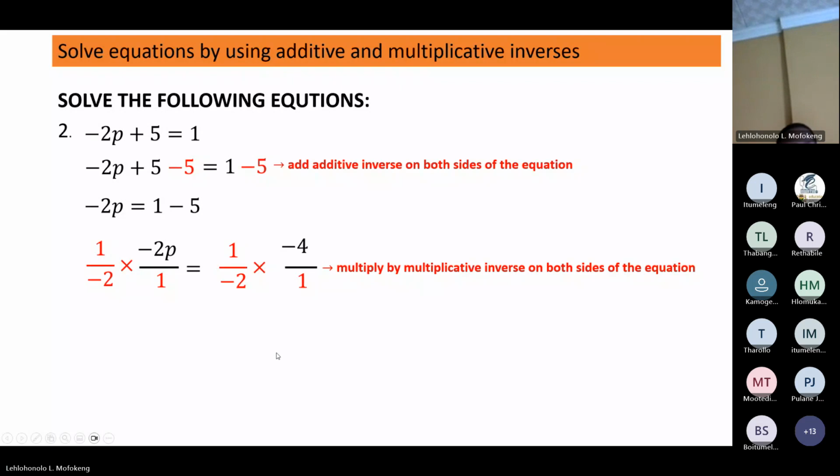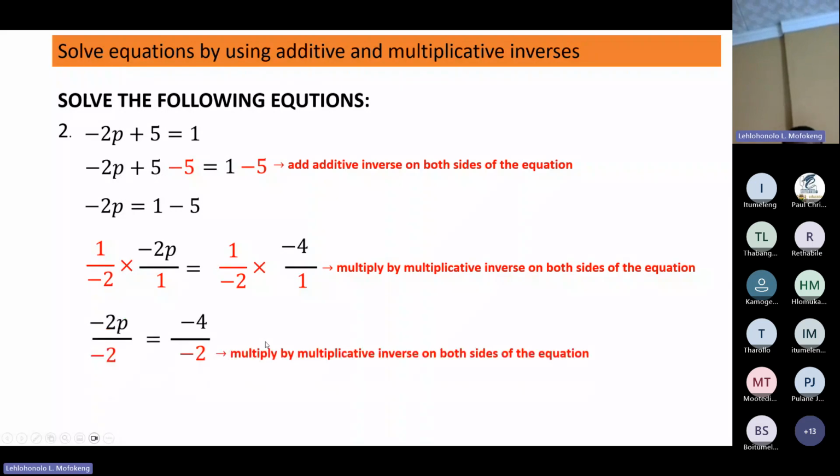And then we ultimately have negative 2p divided by negative 2, as well as negative 4 divided by negative 2. Because we multiplied 1 by negative 2, it gives us negative 2. For p, we multiply negative 2 by 1, it gives us negative 2. On the right-hand side, we multiply 1 by negative 4, it gives us negative 4. And then we multiply negative 2 by 1, it gives us negative 2.